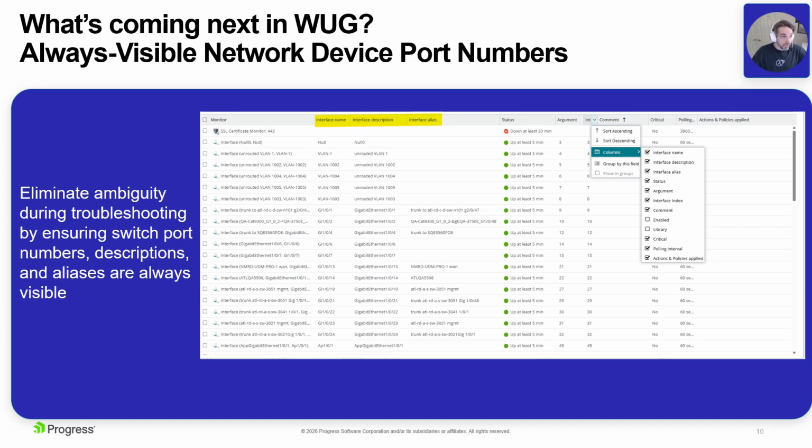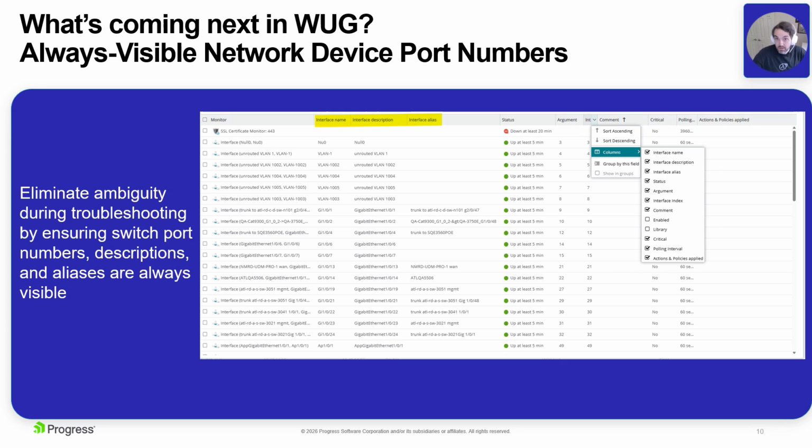Next, we'll talk about the always visible network device port numbers. So on the screen here, you see a literal screenshot of device properties. I actually have a demo system here. I logged in, went to device properties on one of our devices, and that's specifically what's on the screen. You'll notice that the interface name, description, and alias are all stored alongside the specific interface being monitored here.